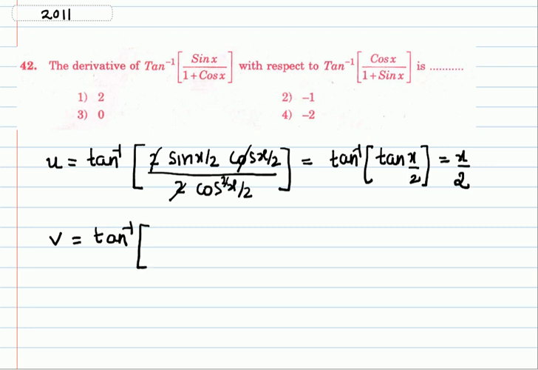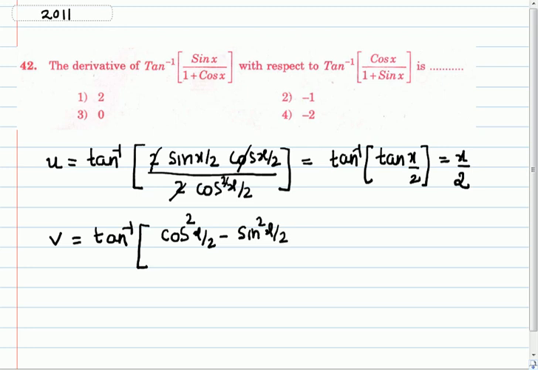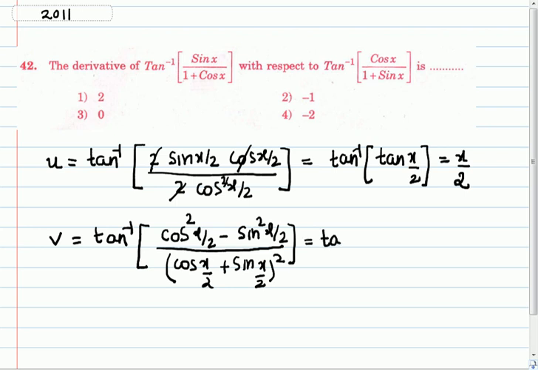Similarly we'll consider v. What is v equal to? Tan inverse of cos x, which can be written as cos square x by 2 minus sin square x by 2, and whole divided by 1 plus sin x, which can be written as cos x by 2 plus sin x by 2 whole square. After all the simplification, the numerator is in the form of a square minus b square, and the denominator is a plus b whole square.